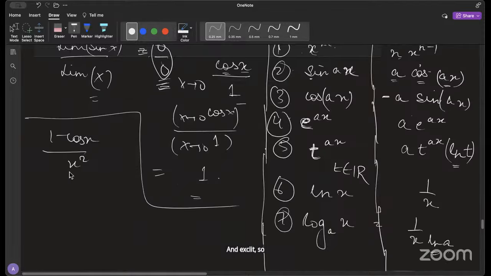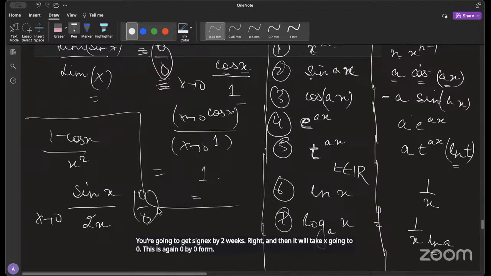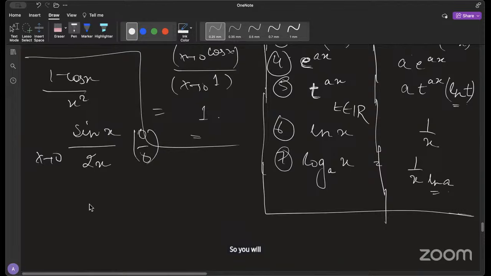So if you take the derivative one time, you're going to get sin x by 2x, right? And then if you take x going to 0, this is again 0 by 0 form. So you will have to apply L'Hopital's rule one more time. This will be cos x by 2 as x tends to 0. Then you'll get half.